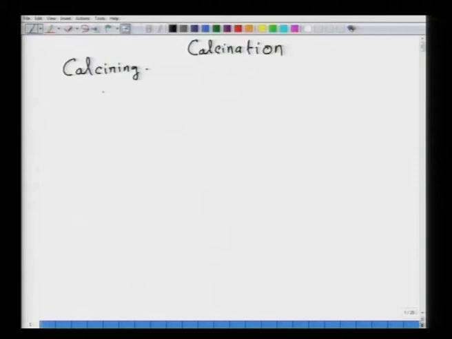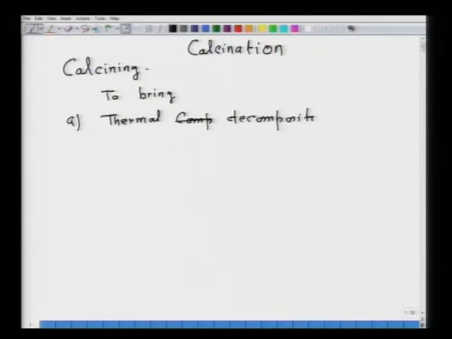In order to bring about thermal decomposition, because you want to decompose, for example, calcium carbonate to calcium oxide and CO2, or MgCO3 and so on.